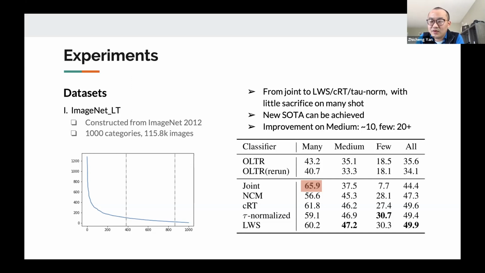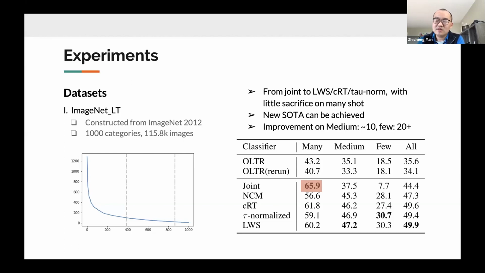We found that the performance improvement on the medium-shot and the few-shot classes is a lot. Empirically, you can get 10% improvement on the medium-shot classes and over 20% on the few-shot classes. You get a little drop on the head classes, usually a few percent, but when you average over all the classes, the overall performance is still improved significantly.